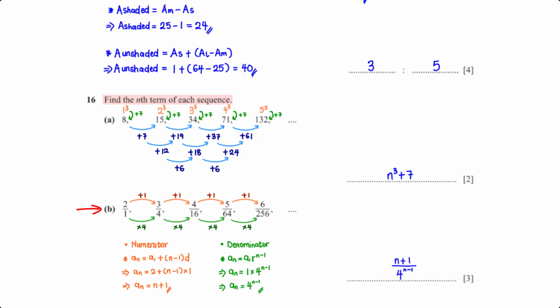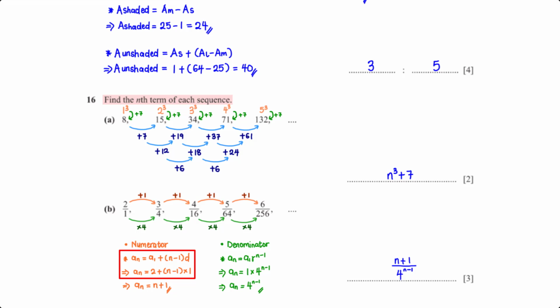Looking at this sequence, we see that the numerator values increase by a constant value of 1, and the denominator values have a common ratio of 4. We can find the nth term for the numerators using this formula. A1 is the first term, which is 2, and D is the common difference, which is 1.